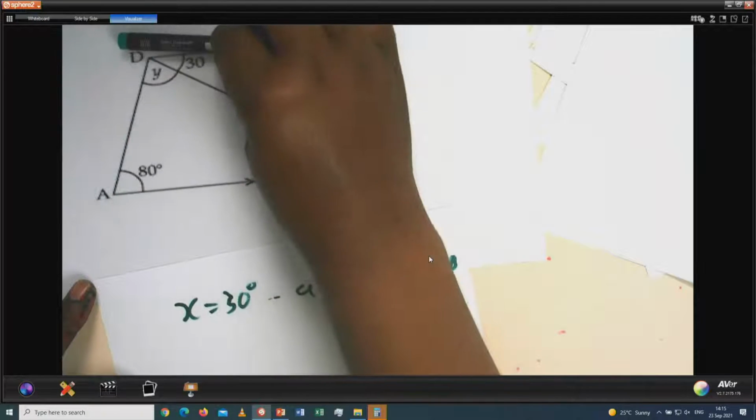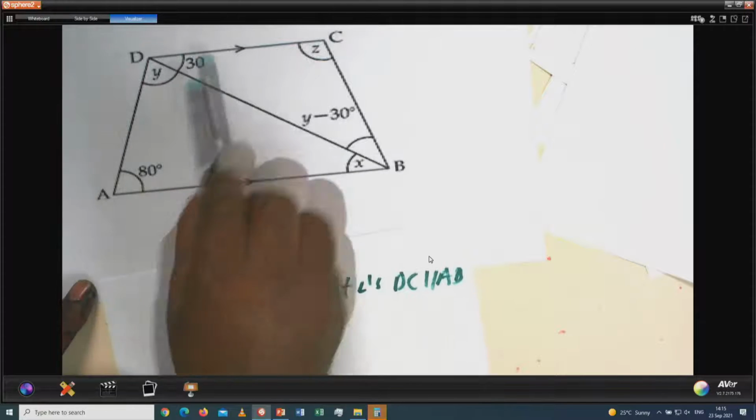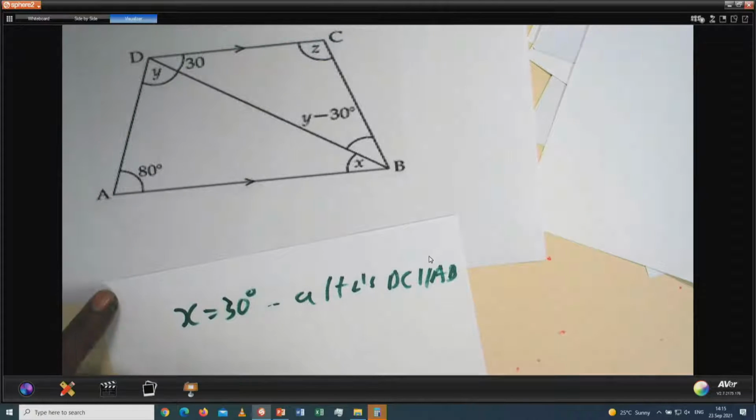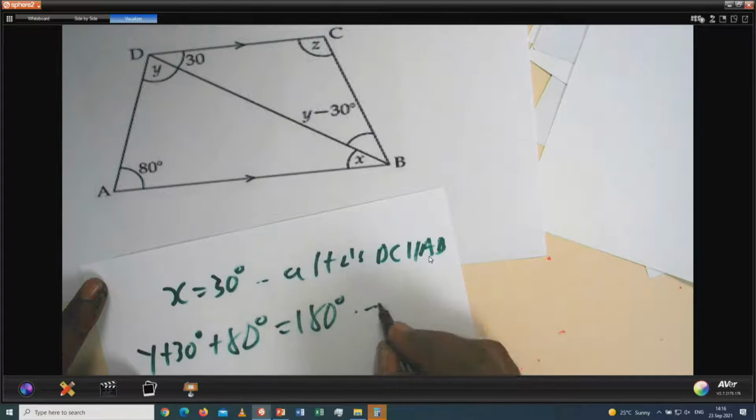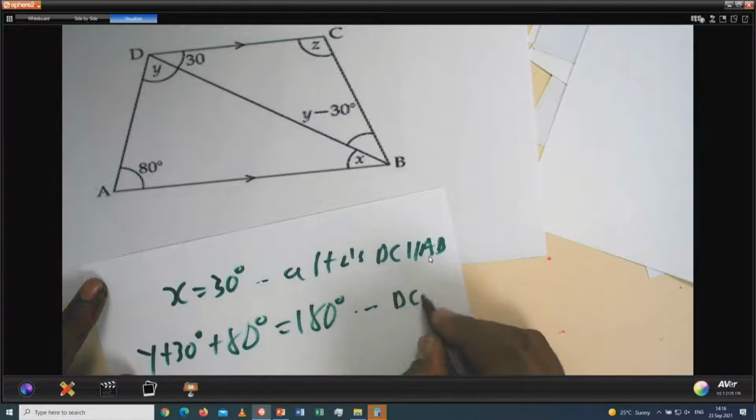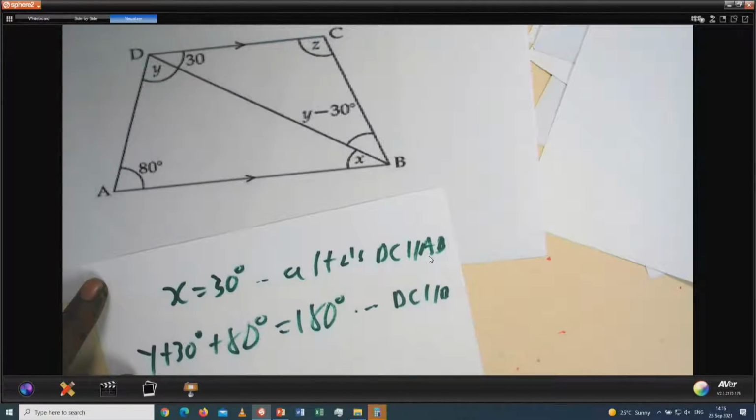The angles within parallel lines on the same side of the transversal. What about them? Y plus 30 degrees plus 80 degrees equals 180. Co-interior angles of DC parallel to AB. Co-interior angles, when you add them, they give you 180.